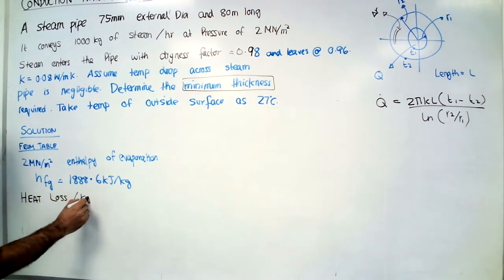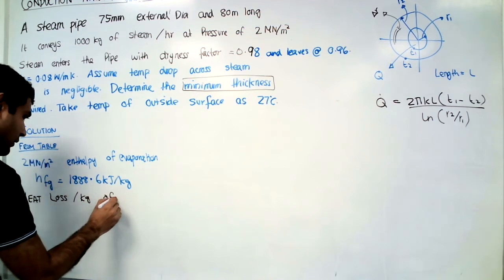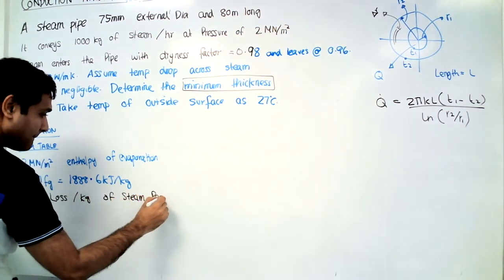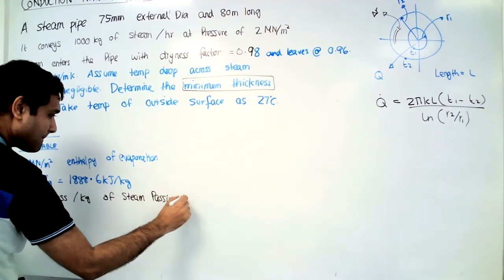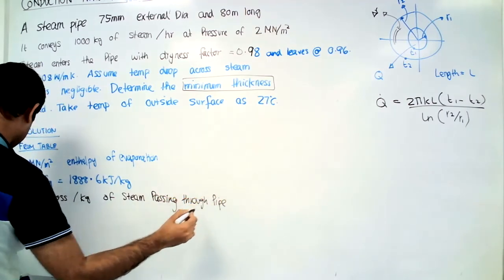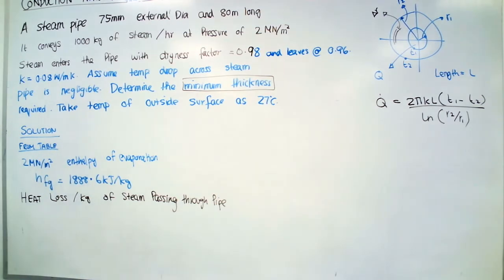Heat loss per kilogram of steam when passing through the pipe. Now this heat depends on the dryness factor as well.